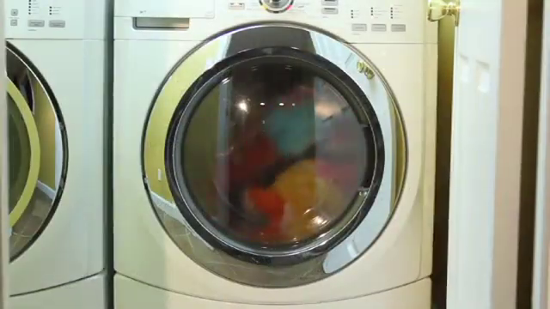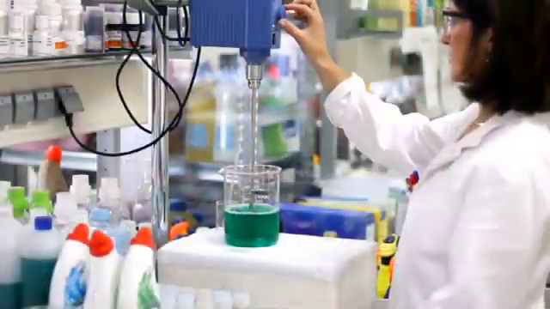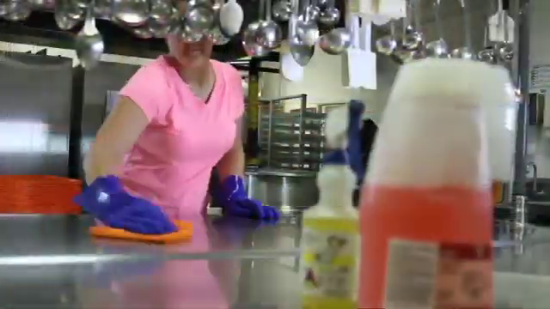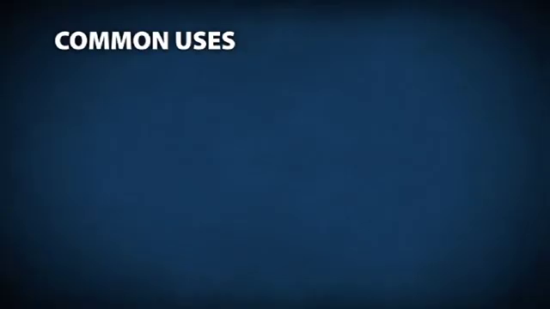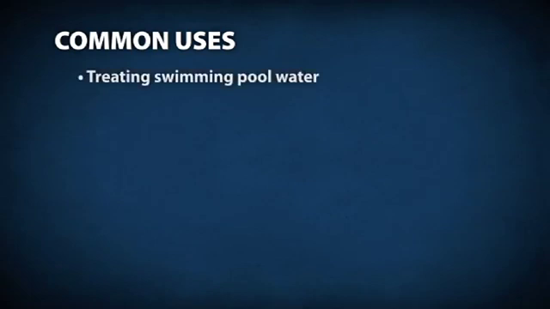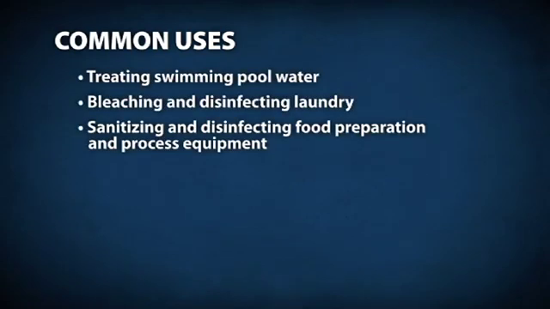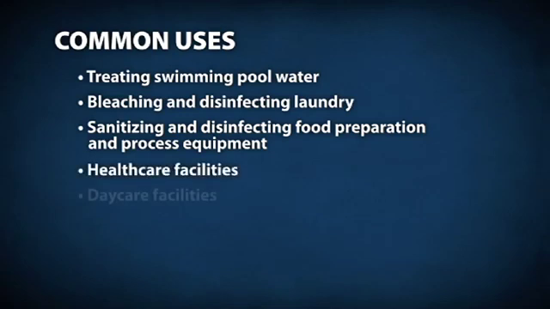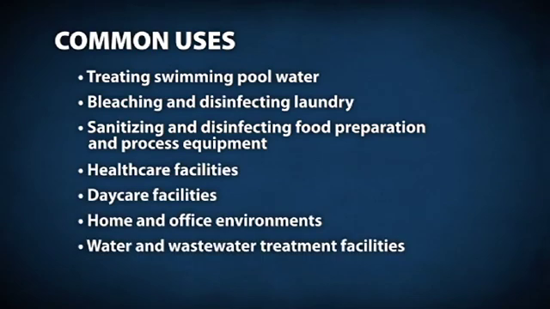Sodium hypochlorite has long been recognized for having outstanding disinfecting properties. It's an extremely effective disinfectant against virtually all pathogenic bacteria, fungi, and viruses. Some of the more common uses for sodium hypochlorite include treating swimming pool water, bleaching and disinfecting laundry, sanitizing and disinfecting food preparation and process equipment, healthcare facilities, daycare facilities, home and office environments, and in water and wastewater treatment facilities.